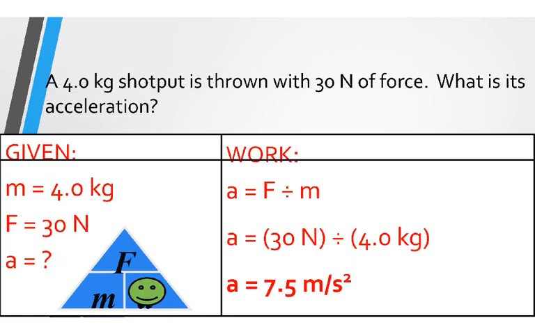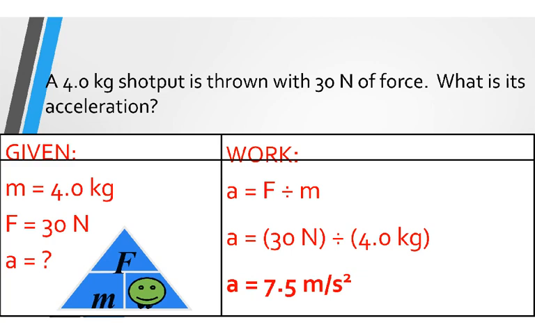All right, so now if we have a situation where a 4 kilogram shot put is thrown with 30 newtons of force, what is its acceleration? So now we're looking for acceleration. We know the mass is 4 kilograms and the force is 30 newtons. To set that up, since force is equal to mass times acceleration, to calculate acceleration, we're going to divide the force by the mass.